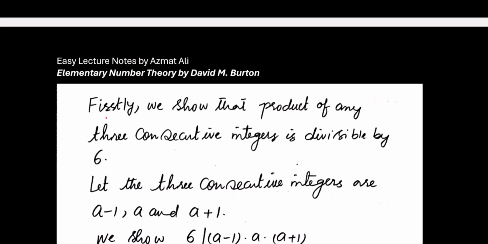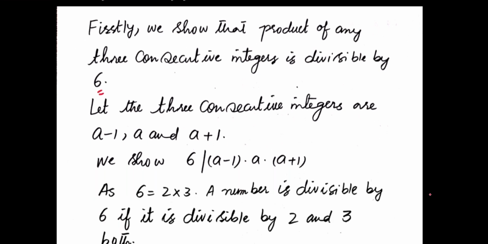So firstly, we show that the product of any 3 consecutive integers is divisible by 6. Let us suppose the 3 consecutive integers are a minus 1, a and a plus 1. So we show that 6 divides this product, (a minus 1) into a into (a plus 1).